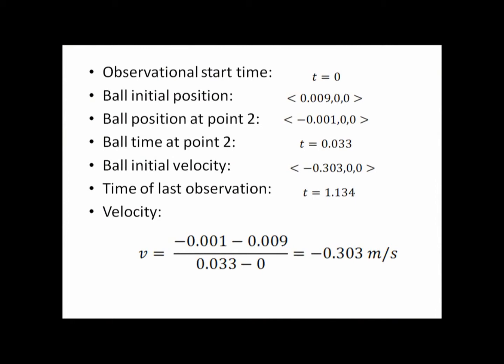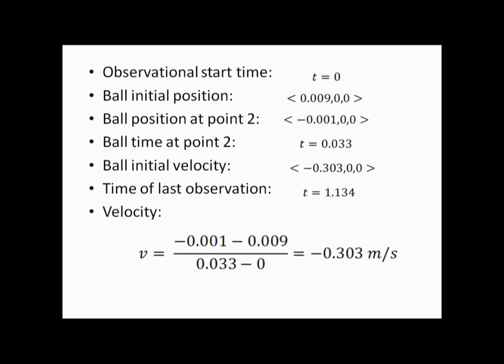To find the ball's original velocity, I first found the data points that I needed, and then chose a time interval for which I would calculate the ball's velocity. From the tracker file, I used the first two time intervals, time equal to 0 to time equal to 0.33 seconds.